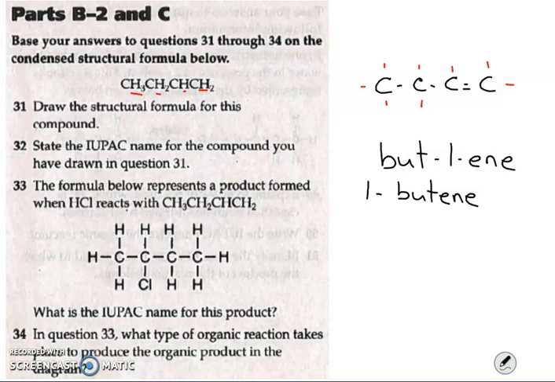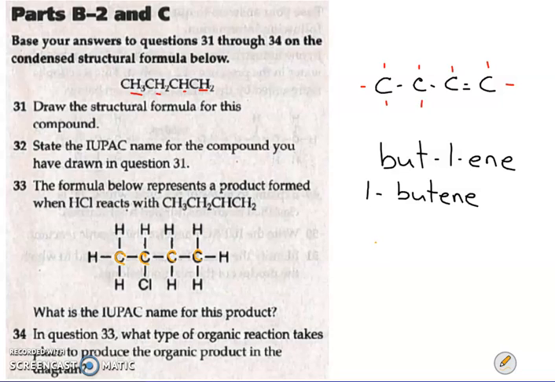33 represents a product formed when HCl reacts with this. So we're putting in a HCl across that bond. All right? And so what happens to that? Well, that's an addition reaction because we have an unsaturated hydrocarbon. The IUPAC name for this compound, again, is going to have 4 carbons, because we have 1, 2, 3, 4.